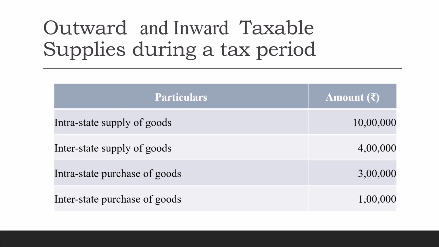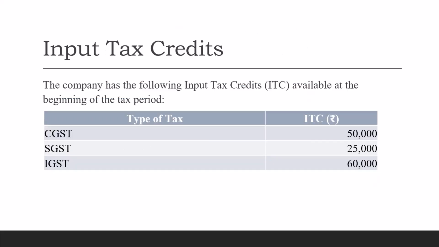The company has the following input tax credits available at the beginning of the tax period: CGST 50,000, SGST 25,000 and IGST 60,000. So these are the opening balances we have. Then some additional information is given. The applicable rates for CGST, SGST and IGST are 9%, 9% and 18% respectively.